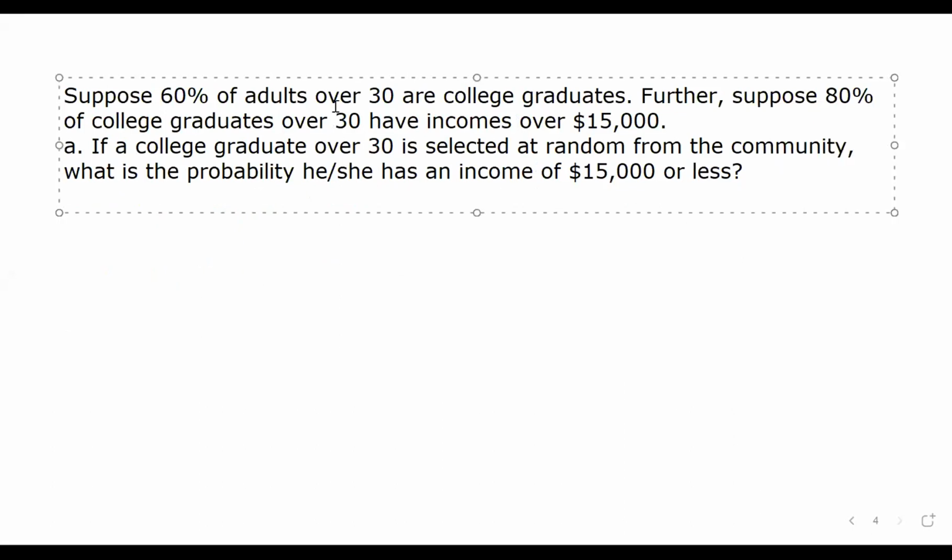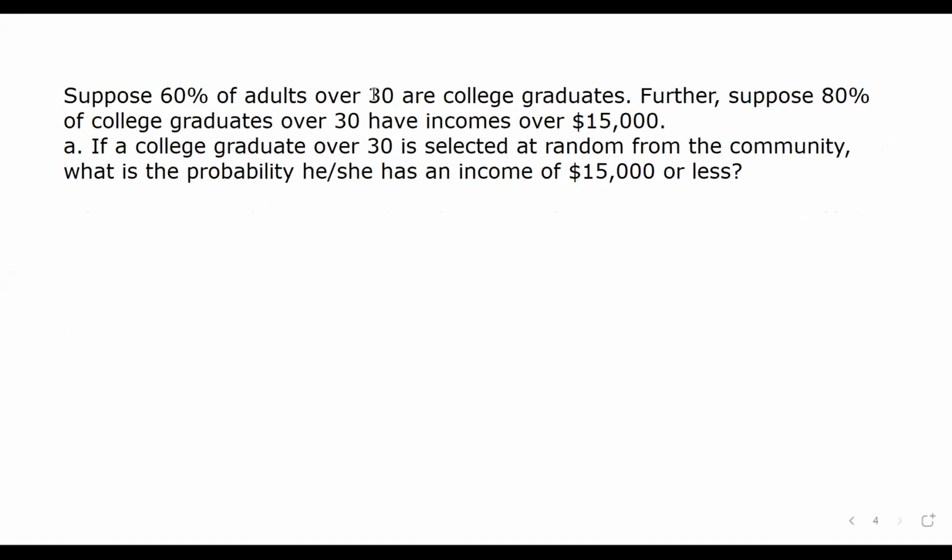Okay, so here's the problem, right? Suppose 60% of adults over 30 are college graduates, okay? So a college graduate over 30, that's everybody, right?